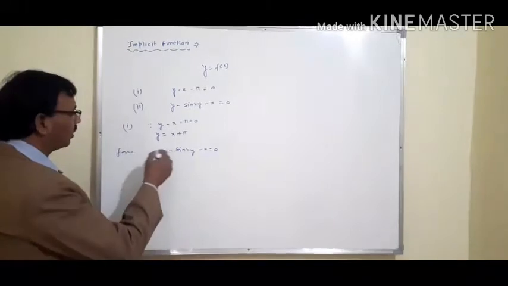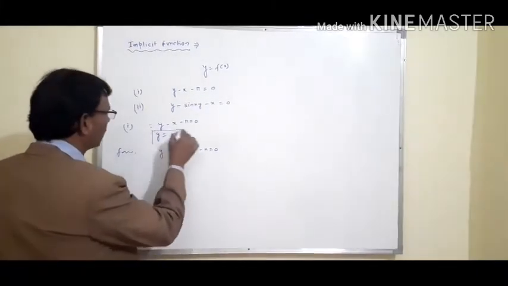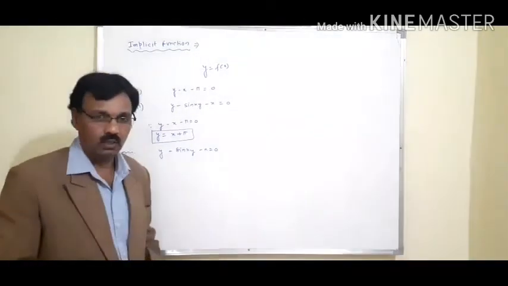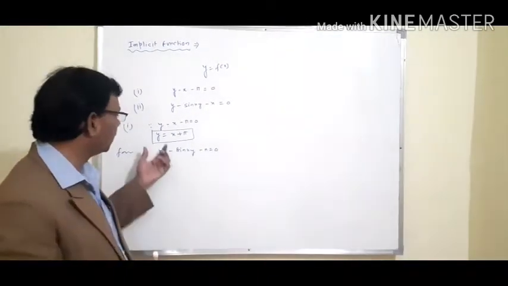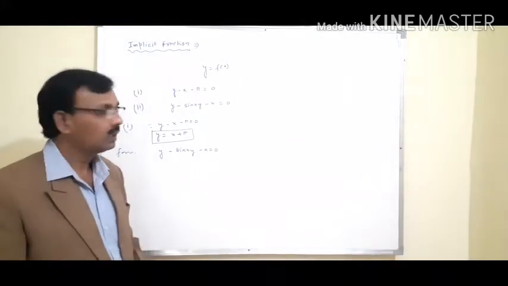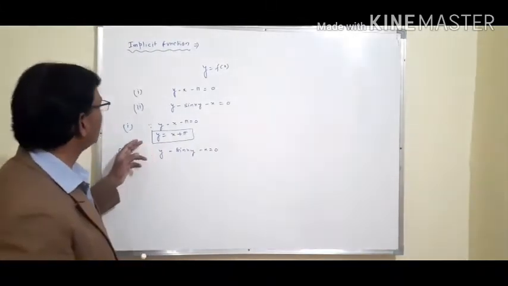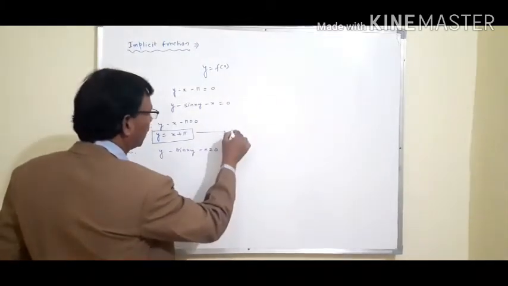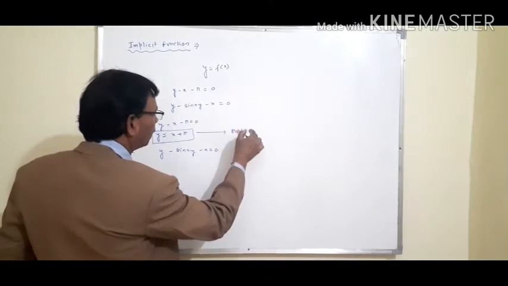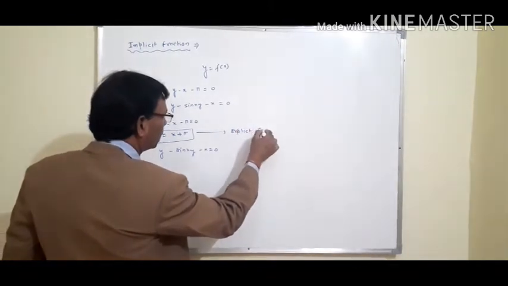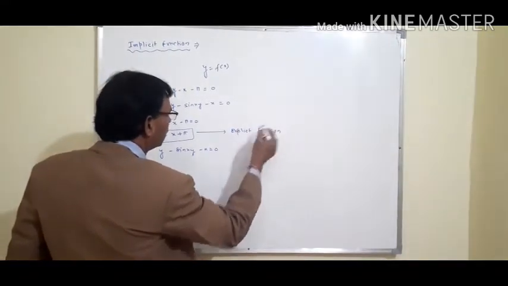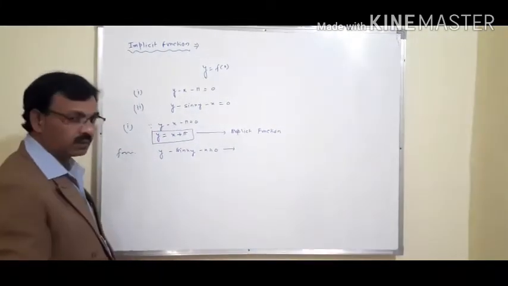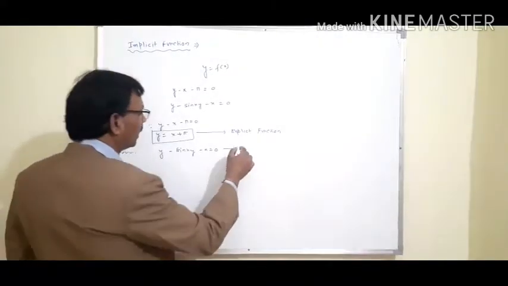Now here we should understand this type of function. Those functions in which we can find the value of y in terms of x are known as explicit functions. Explicit function, that means this function is known as explicit function, and those functions in which we can't solve y in terms of x are known as implicit functions.